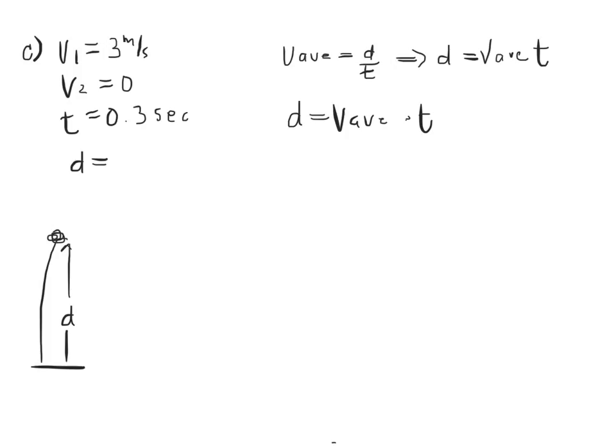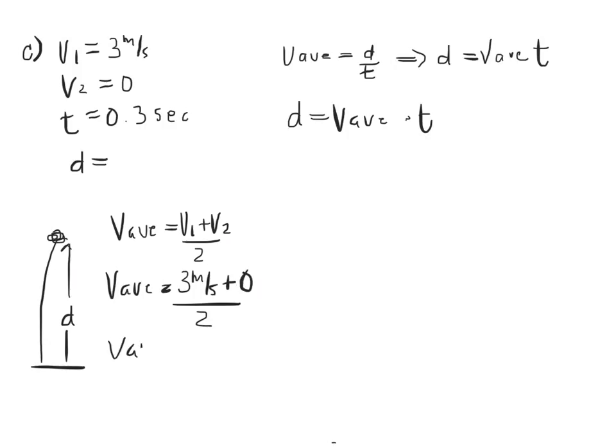So v average, I'm just going to average the two endpoints, v1 and v2. v1 is 3, v2 is 0, divide by 2, the average velocity is 1.5 meters per second.